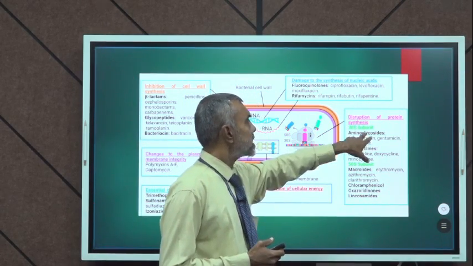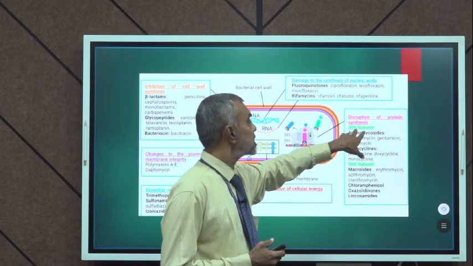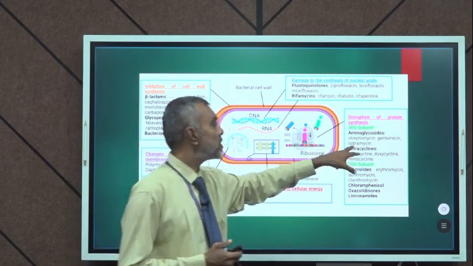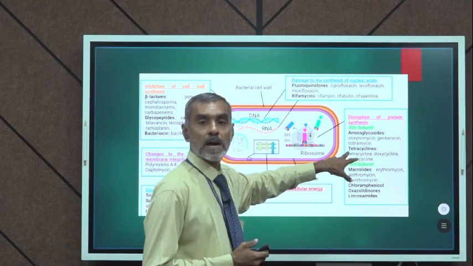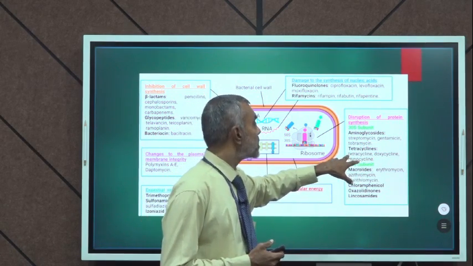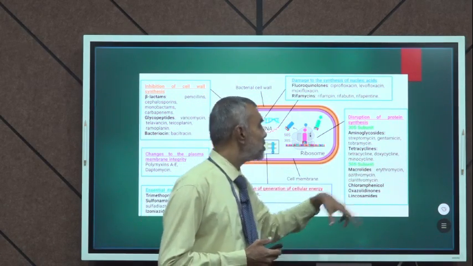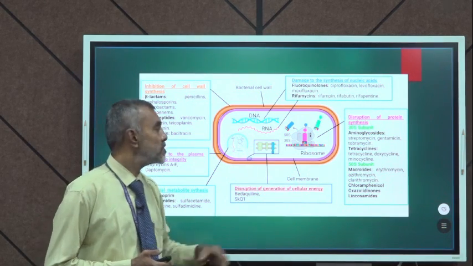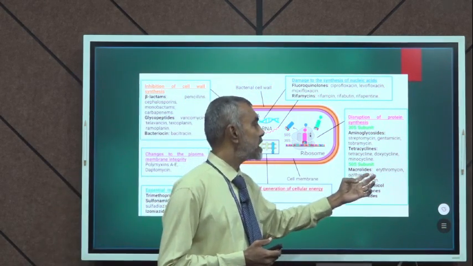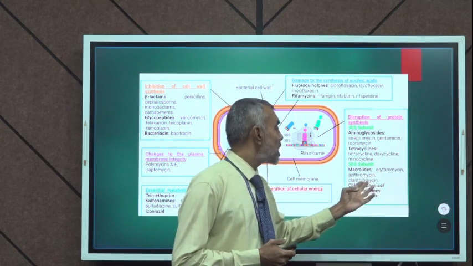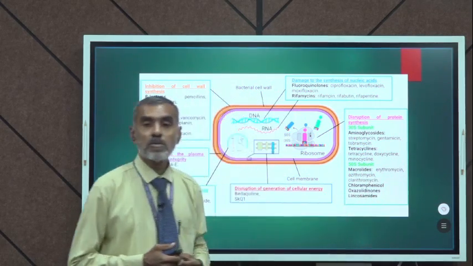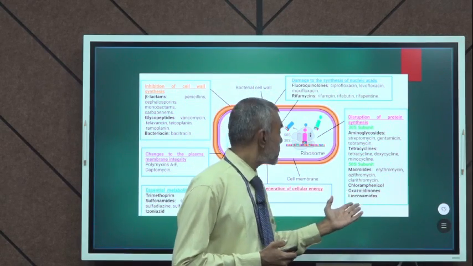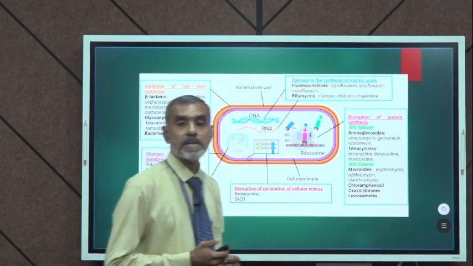Some examples: those that bind to the 30S subunit are aminoglycosides, streptomycin, gentamicin, tobramycin, and tetracyclines such as tetracycline, doxycycline, minocycline. Antibiotics that bind to the 50S subunit include macrolides, for example erythromycin, azithromycin, clarithromycin, and also chloramphenicol, oxazolidinones and lincosamides.